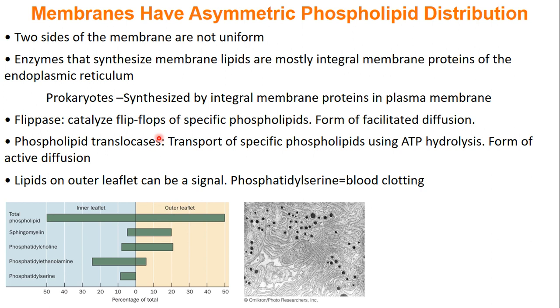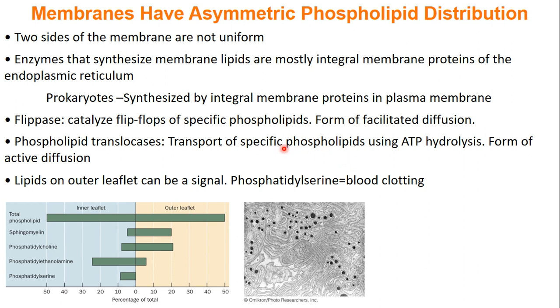It basically hides the charged head group, so it's not an energetically bad process. This is facilitated diffusion. While phospholipid translocase transports specific phospholipids using ATP hydrolysis, and this is active transport.